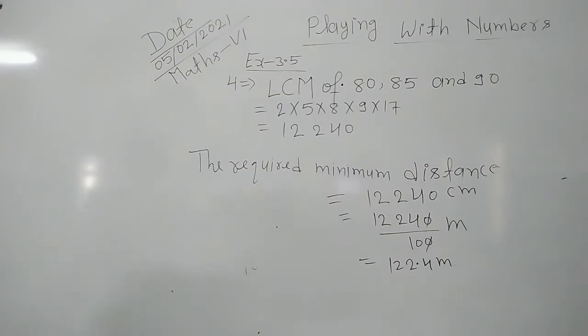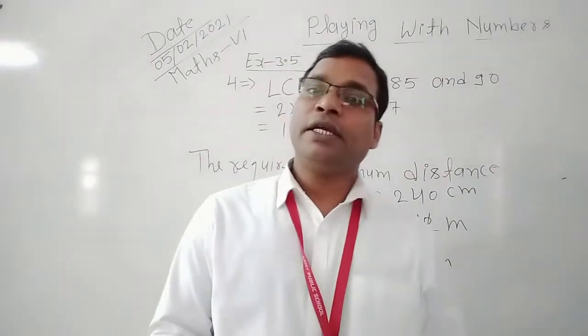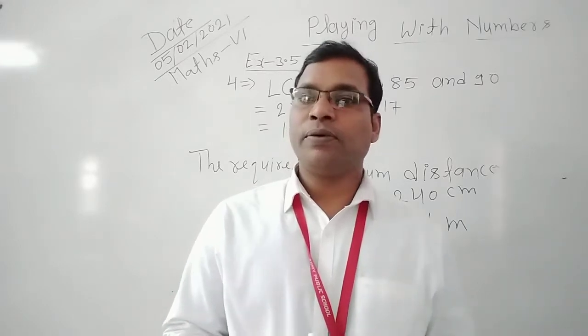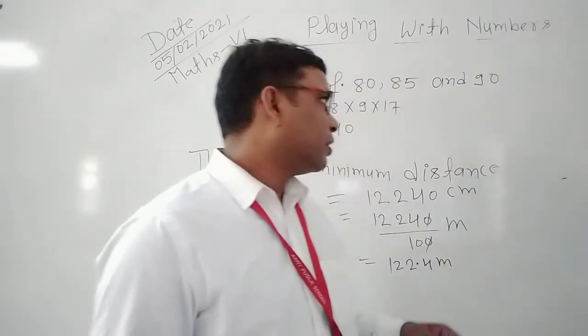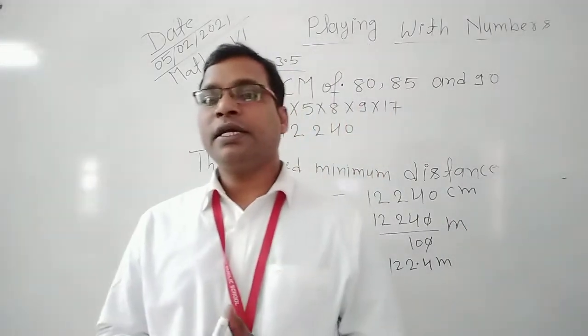In this question, the step measures of the 3 persons are given: 80, 85 and 90. The question asks us what is the minimum distance they complete in the same number of steps. So first we find the LCM of 85, 80 and 90.